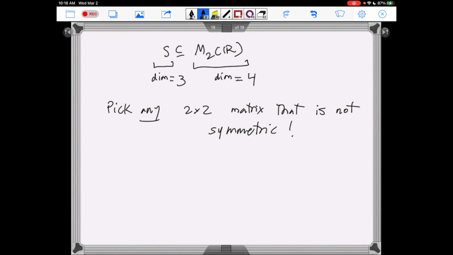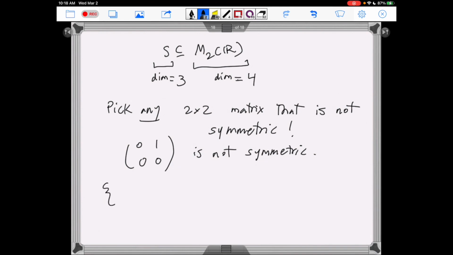Well, the easiest one I can think of is maybe something like 0, 1, 0, 0. That's not symmetric, right? It doesn't really matter. The point is, notice that that guy is not symmetric, because if you take its transpose, you do get a different matrix.